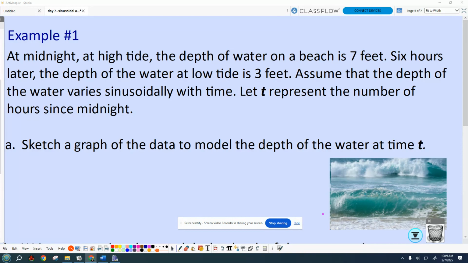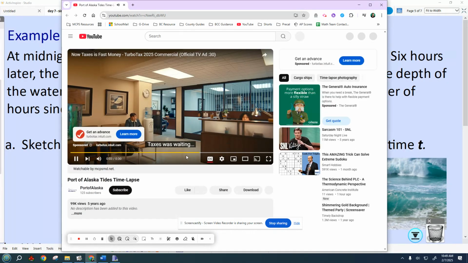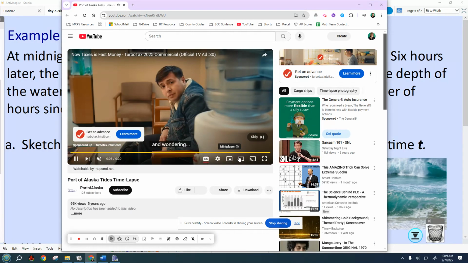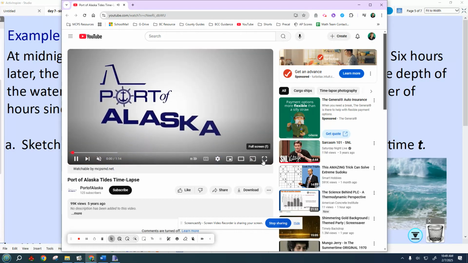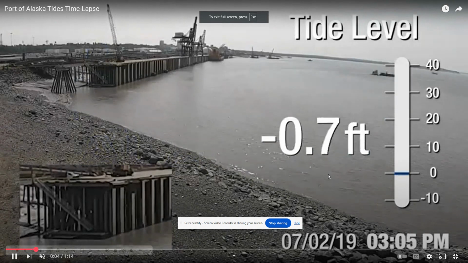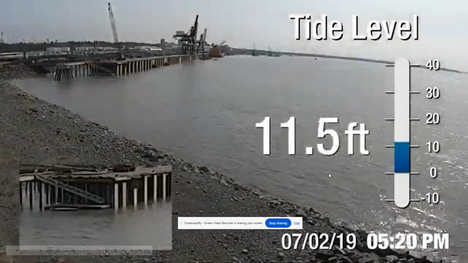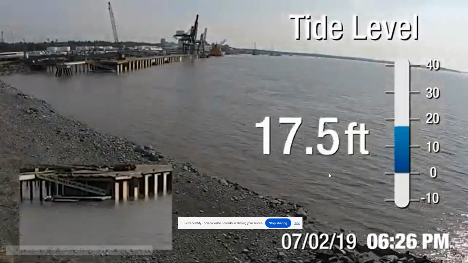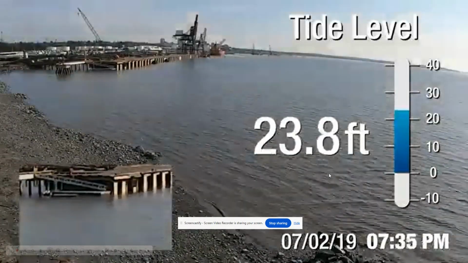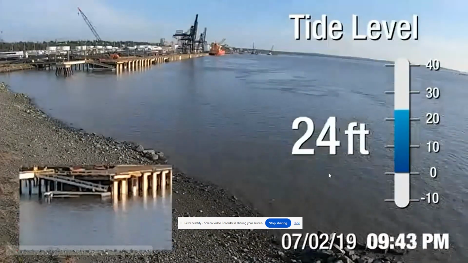Those of you who live near water, sorry for the ad. So just in case you've never seen water go in and out, Port Alaska, they have a cam and watch the water levels going up, and then the water level is going down.